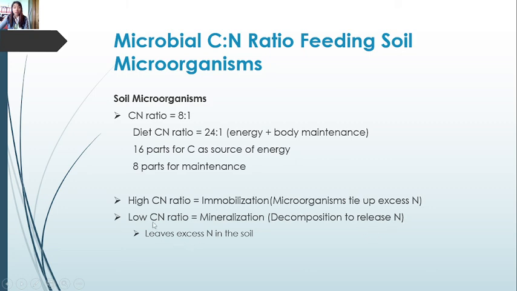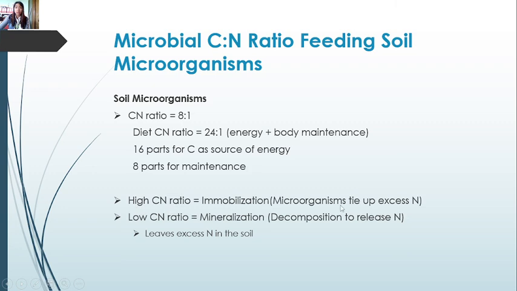Now, in low CN ratio, it leaves excess nitrogen in the soil. While in high CN ratio, no excess, but it is still lacking. So, they have to look for other sources of nitrogen in order for the microorganisms to continue degrading the organic material.